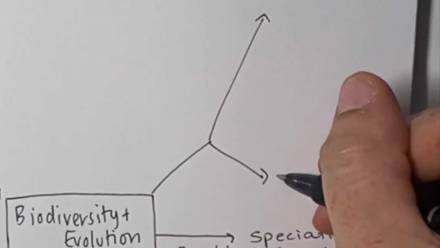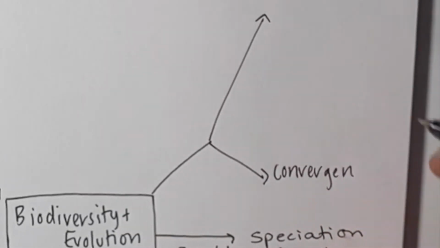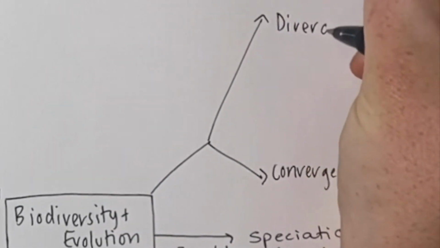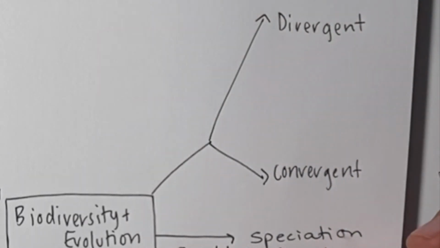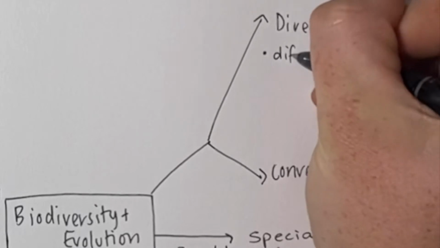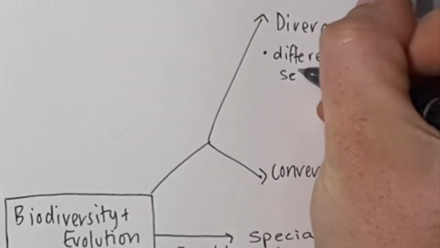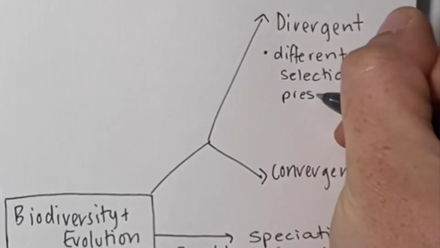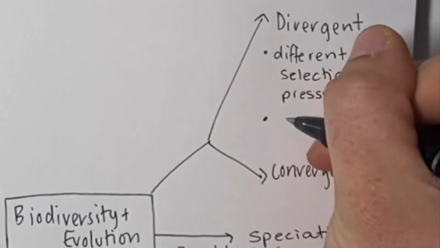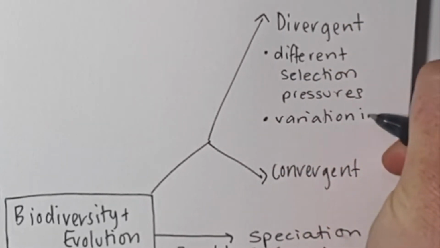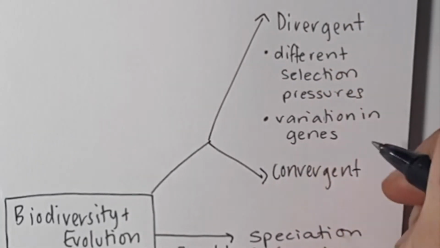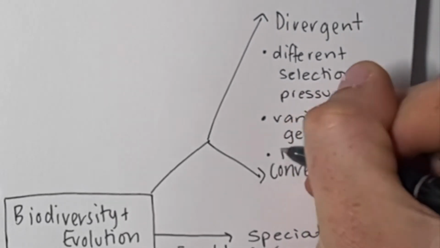Next we looked at divergent and convergent evolution. Recall that divergent evolution is where individuals within the population experience different selection pressures. Due to the variation in the genes, there's an increase in diversity as they survive the different selection pressures.